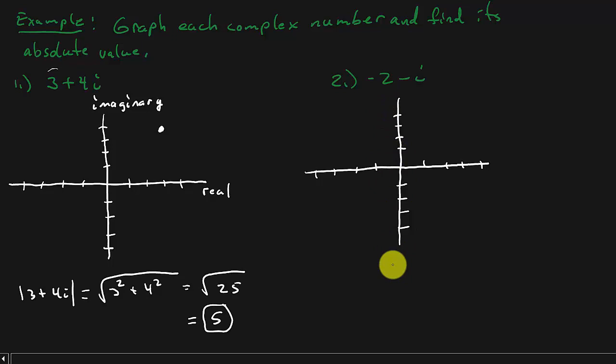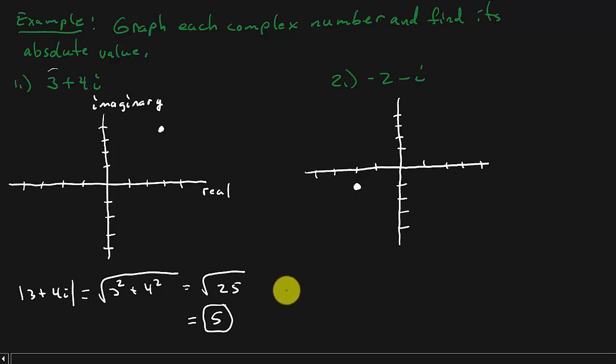The real part, a, is -2, so we go to the left 2. The imaginary part, b, is -1, so we go down 1. And there's that one plotted.